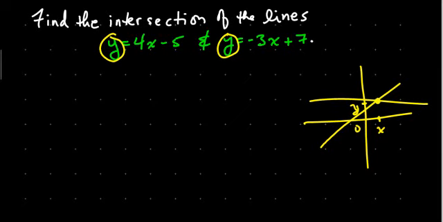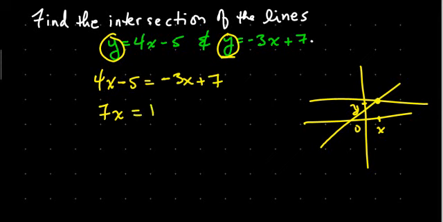So we set this y equals 4x minus 5. So 4x minus 5 equals this y, but this y is negative 3x plus 7. And now we just solve. Adding 3x to both sides, I get 7x, and adding 5 to both sides, I get equals 12.